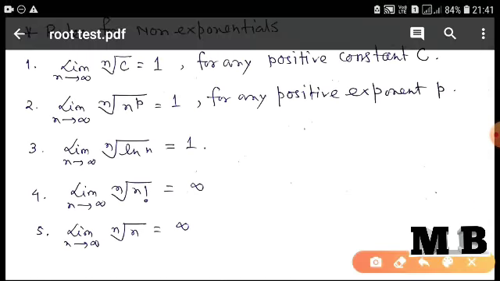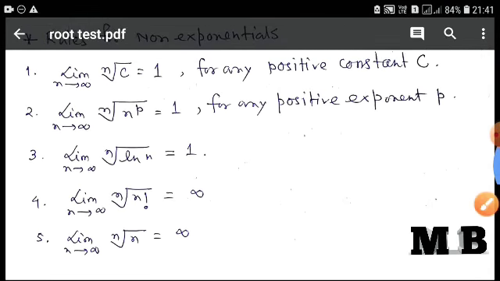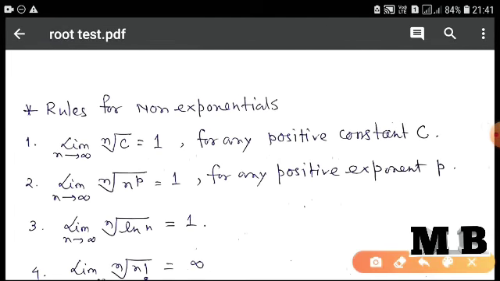Now to use Cauchy root test, you have to know some certain rules for limits involving exponents. Suppose you have a positive constant c, then c to the power 1 by n, as n tends to infinity, you will find 1.